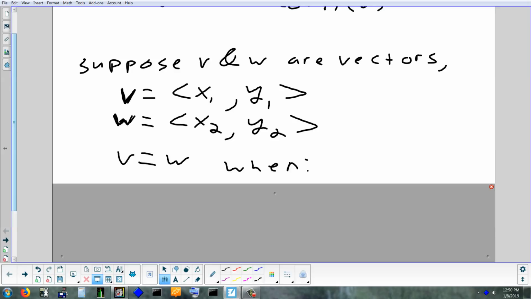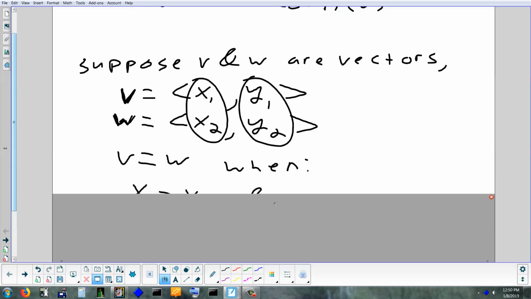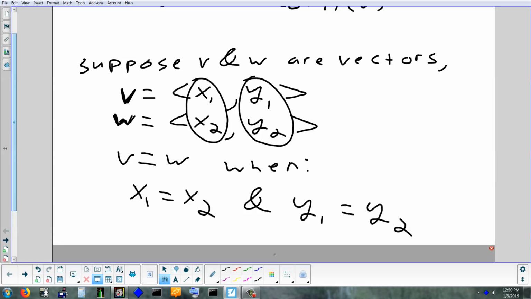If you've looked through your book at all, they use bold letters. Two vectors are equal as long as the horizontal components match and the vertical components match. That's what makes two vectors equal.